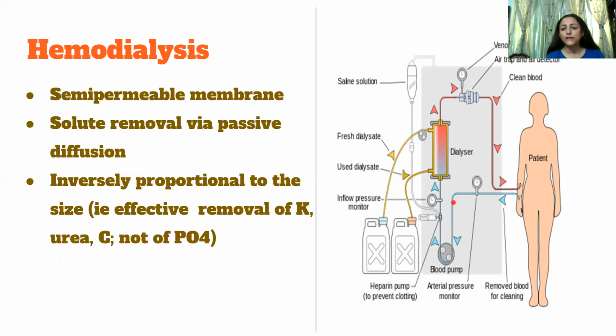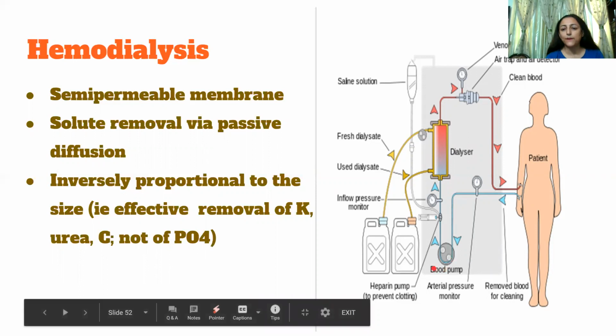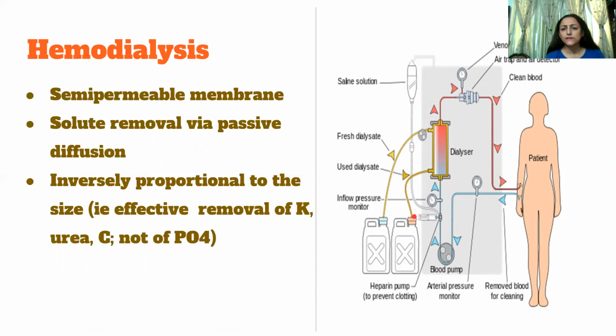Now the blood goes to the blood pump, and from there to another pump, the heparin pump, which is placed here to prevent the clotting of the blood. Heparin is a substance which prevents clotting of blood, because the blood is outside the body of the patient. And here we have the inflow pressure monitor, which shows at what pressure we need to send the blood inside.